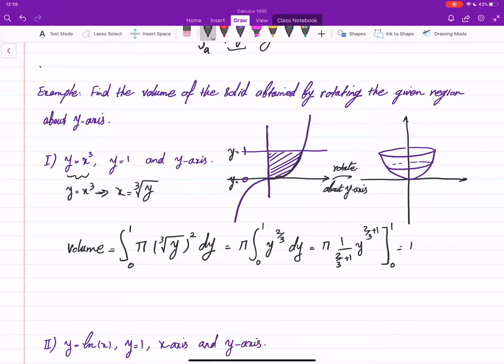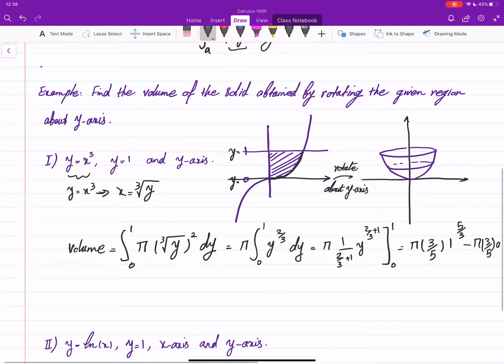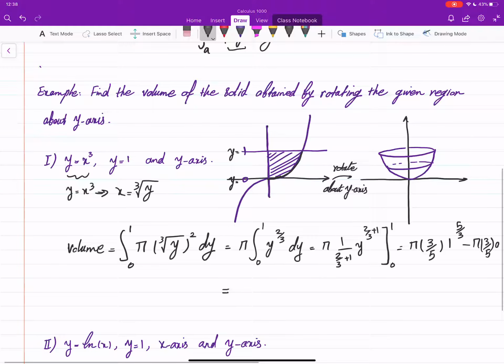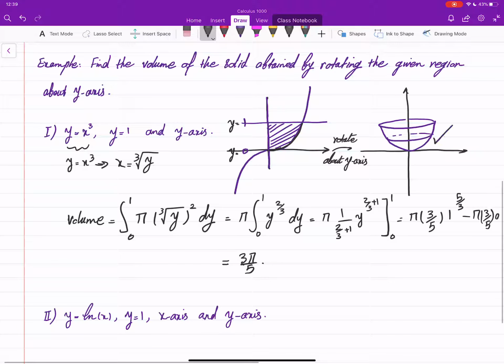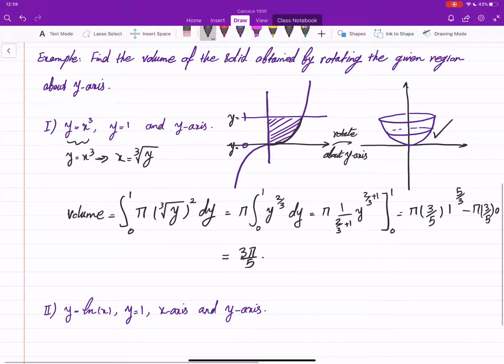And that is pi times 3 over 5 times 1 to the power 5 over 3, minus pi times 3 over 5 times 0. The final number here is going to be 3 pi over 5, the volume of this object obtained by rotating about the y-axis.